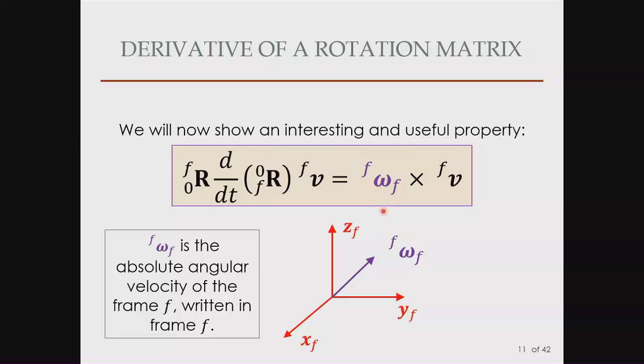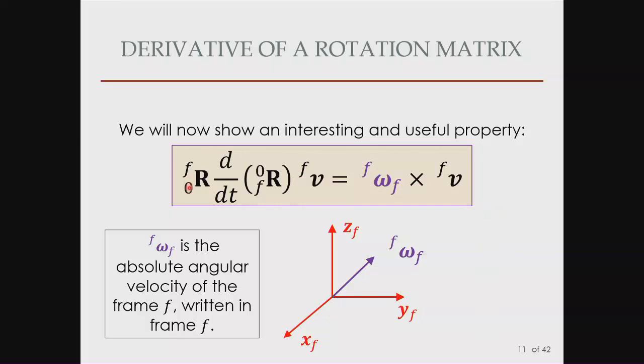The angular velocity of frame 3 expressed in frame 3, something like that. And this one here, V, expressed in frame f, would be some vector that we would like to take the derivative of. Any vector that we want to take the derivative of, expressed in frame f. So before we obtain the final formula, this is the equation that I would like to prepare.